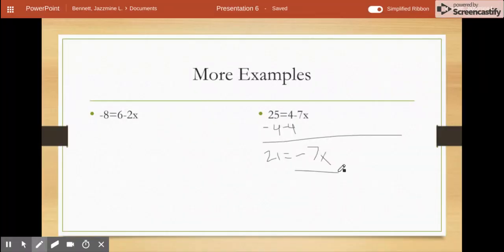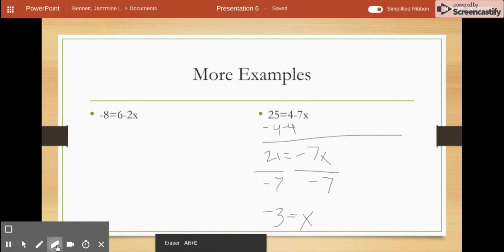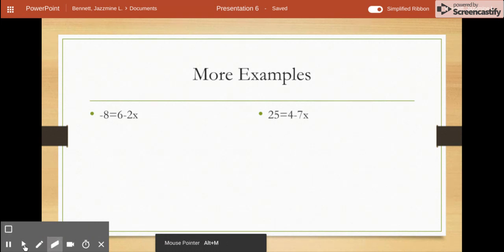And then we have to divide. 21 divided by negative 7 is going to be negative 3 equals x. So let's move on.